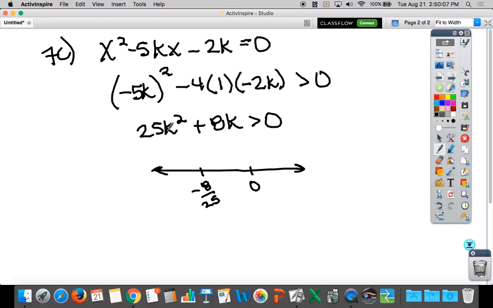All right, this is an upward facing U, so it will be positive, negative, positive. So McCartney, if I'm wanting all things positive, which two sections am I wanting? How would I write it?